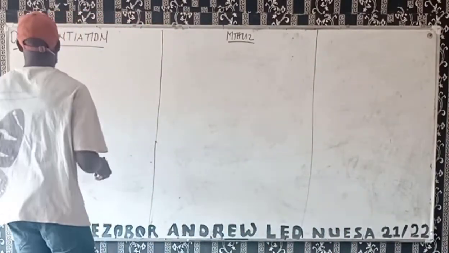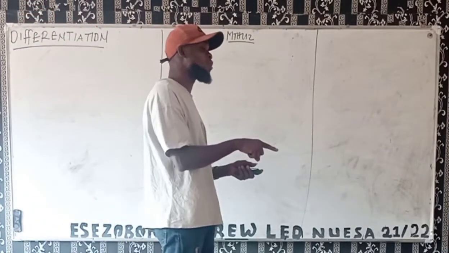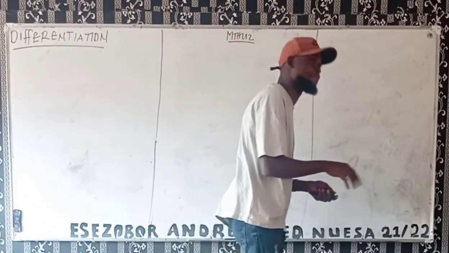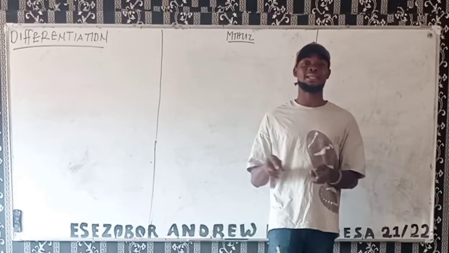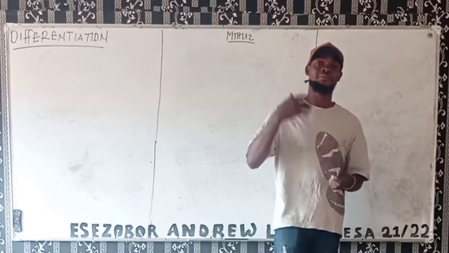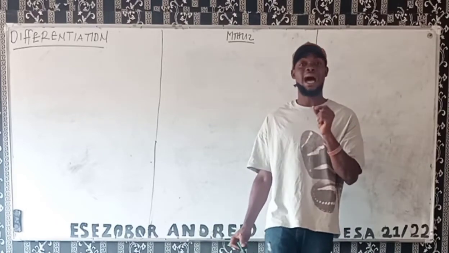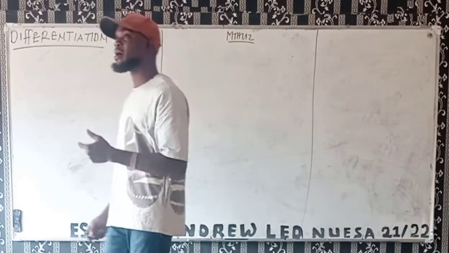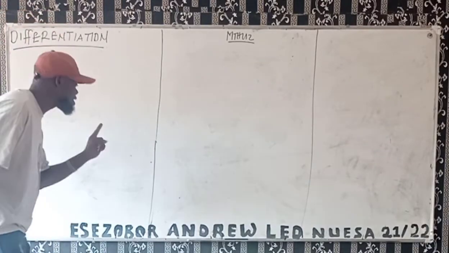Now let's look at differentiation. What is the meaning of differentiation? Differentiation is the art of finding the derivative of a function. How do we find the derivative of a function? That is why we are here. A function has different forms; we have different types of functions, and function is not just one.